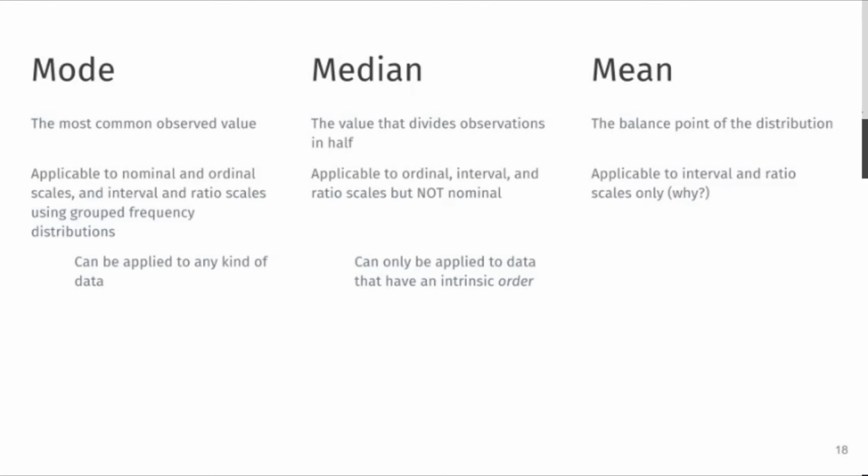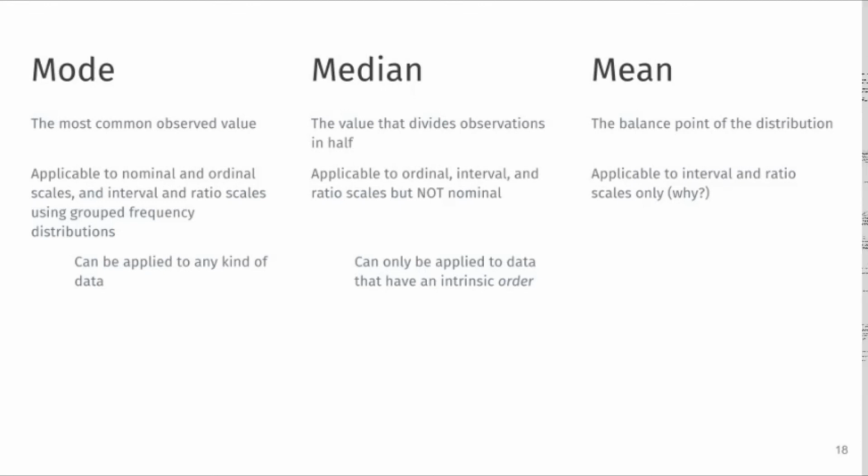Now that's not the case, for instance, for nominal variables. You can't add two names together and get a name. That doesn't make any sense. Ordinal scales, you generally can't. You can't add together, for instance, the first and second place winners of a race and get a different winner of the race.